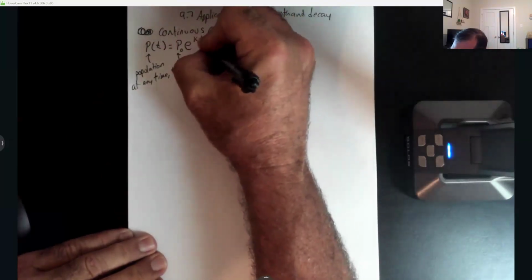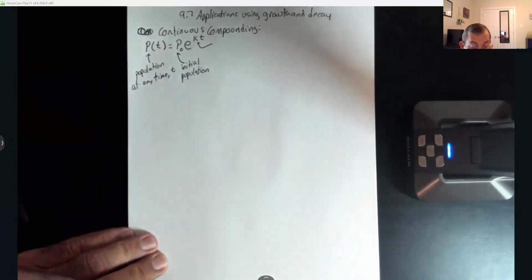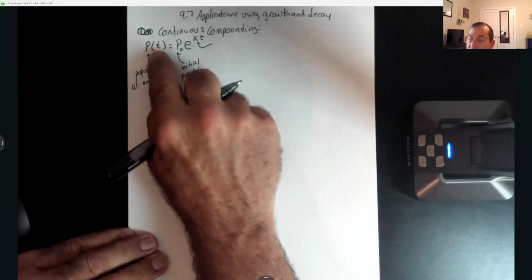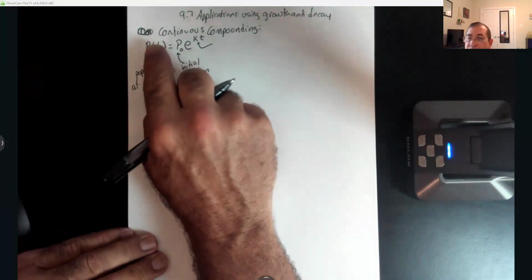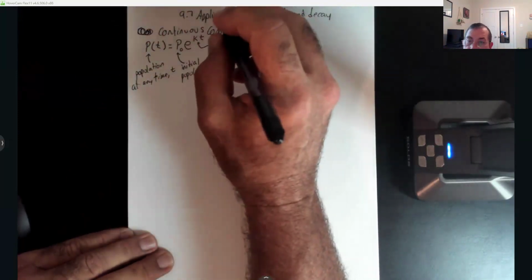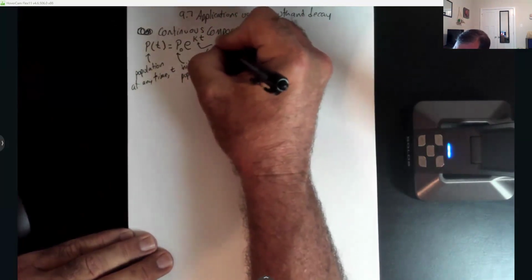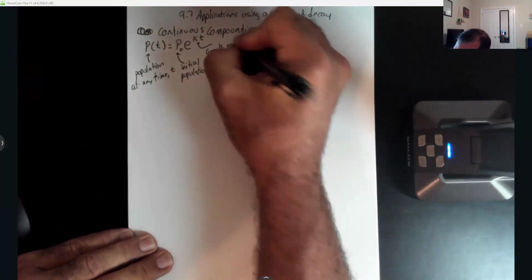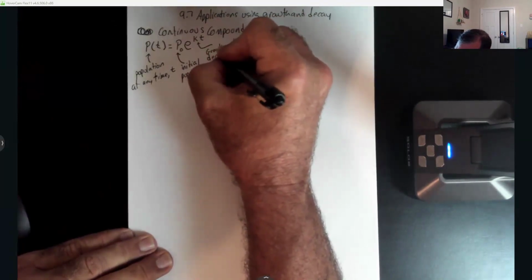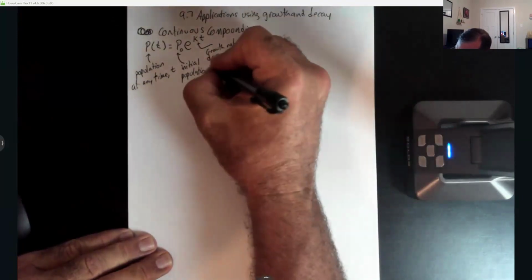Now, k here is the interest rate if you're doing a problem involving investments. When you're doing formulas involving population, k is what we call the growth rate or the decay rate. So it can be the growth rate, decay rate, or our interest rate.